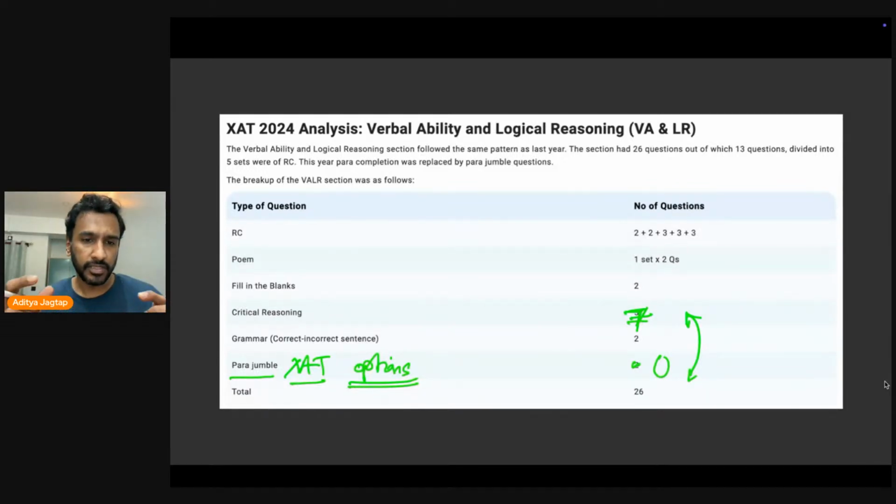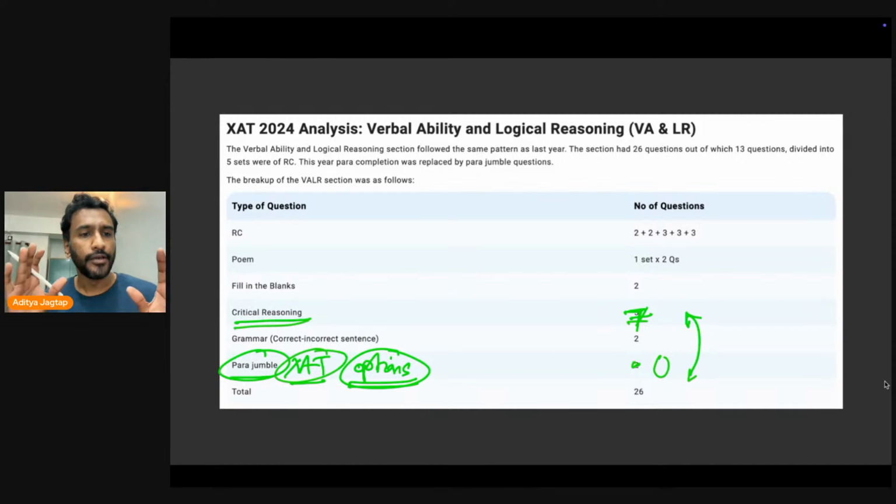Of course, you have to invest a certain amount of time, but there's a level of accuracy in the parajumble question which is higher than the level of accuracy than the critical reasoning questions, because the parajumble in ZAT has options. So in short, if you find a parajumble question in ZAT, it will usually have options, and usually students' accuracy for this would be better than, generally speaking, better than most of the critical reasoning questions, simply because of options.